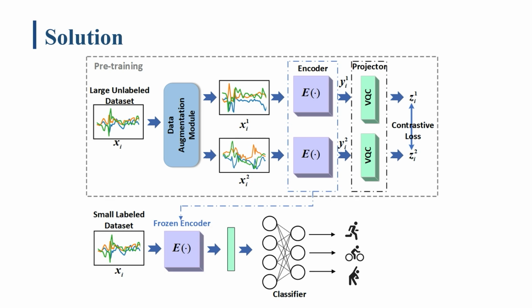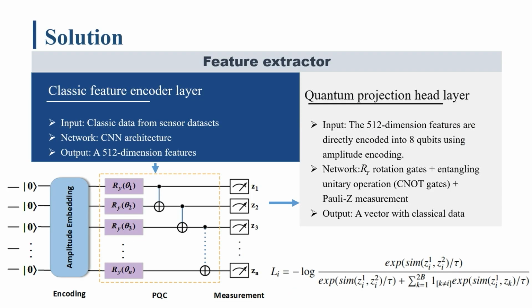For the test stage, we use a small labeled data set to fine-tune this frozen encoder for supervised human activity recognition. On top of this architecture, let's look at the important contribution, the variational quantum circuit in the projection part. You can see the architecture. First, we consider the quantum projection head layer, which includes encoding. We can use different strategies to map the classical bits to qubits.